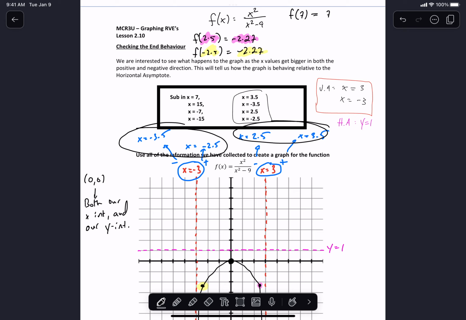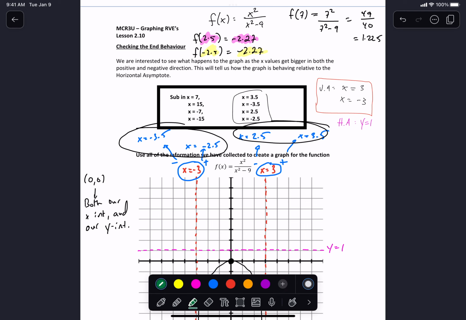It's 7 squared. I'll do it just so we all know what's going on. 7 squared minus 9, which is going to be 49 by 40, which gives me a result of 1.225. Okay, what I'll do is I'll plot that in green.